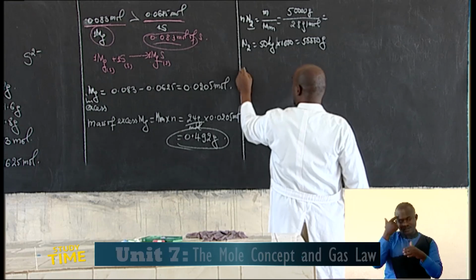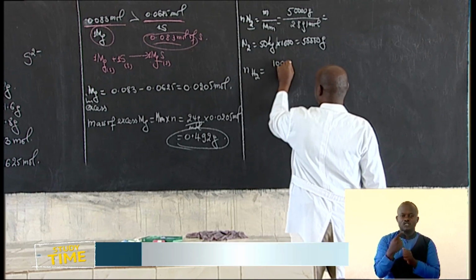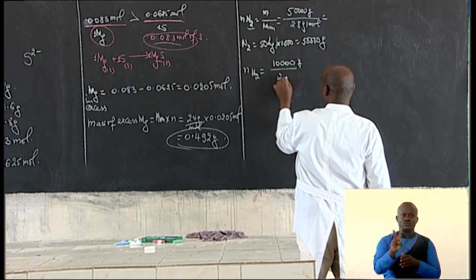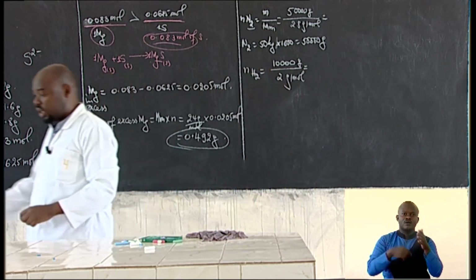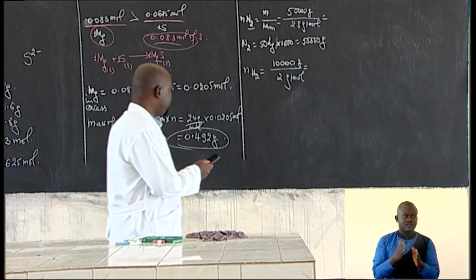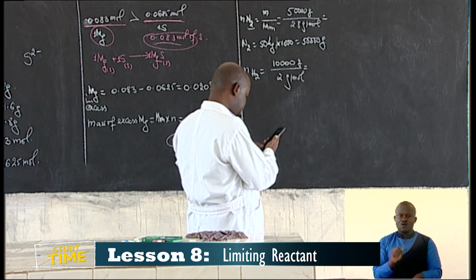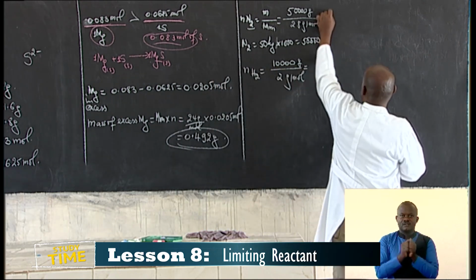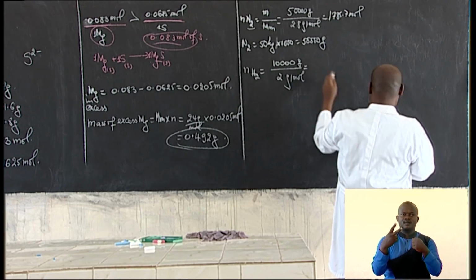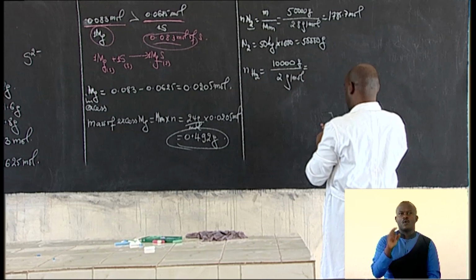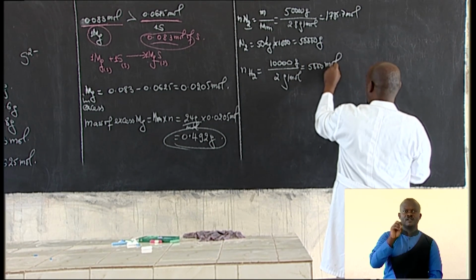And for hydrogen, we have 10 kilograms over 2. And what do we get? We use our calculators. We have 50,000 over 28, and that is 1,785.7 mole. And here we have 10,000 over 2, we have 5,000 mole.